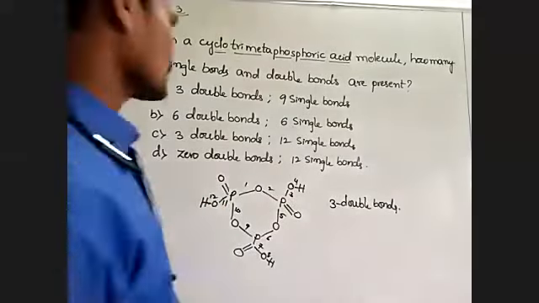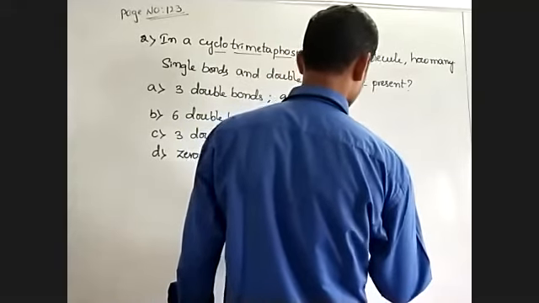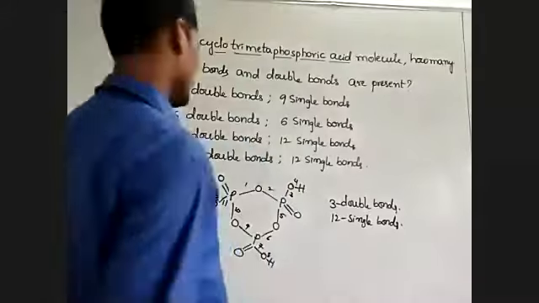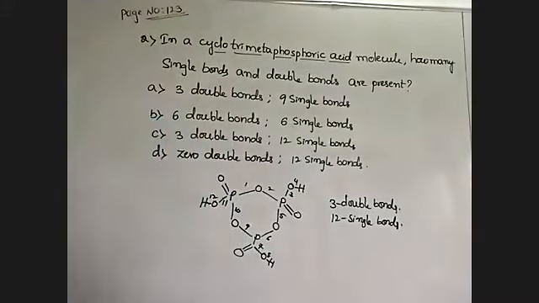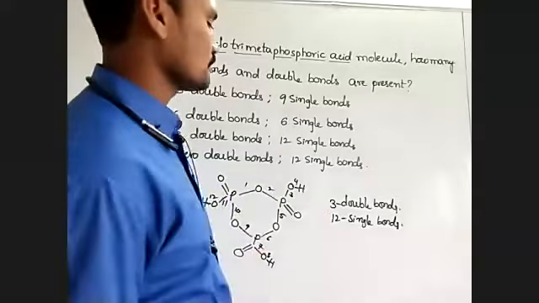So that means 12 single bonds here. So in cyclo-trimetaphosphoric acid, 3 double bonds, 12 single bonds are present here.